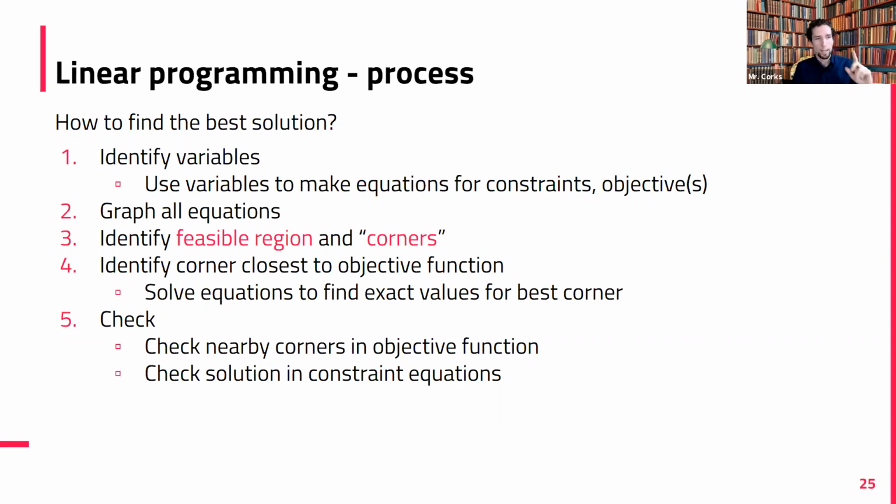So identify variables, and then we put everything on the graph and find our feasible region and our corners. Then we have our objective function, our iso-profit line, and find the corner that's closest. And then just do a bit of quick work and figure out the exact location of that corner and whatever cost or profit we get. So that's the process.